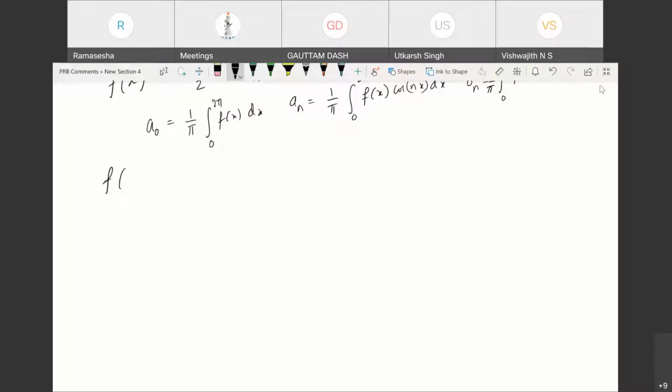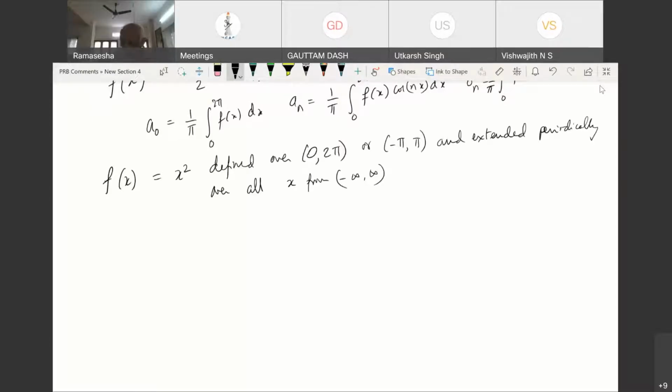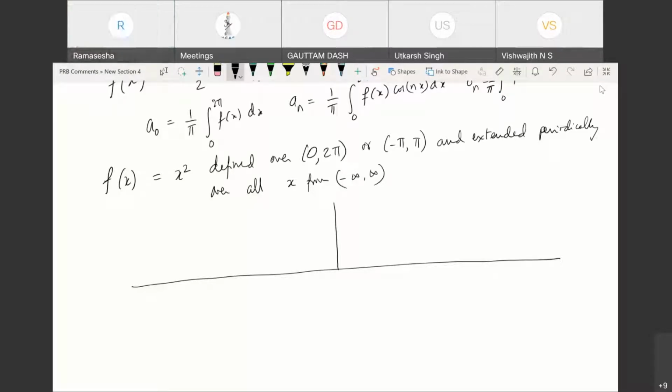So look at the following. I have minus pi here and plus pi here. And f of x in this region. What shape of the curve is it?